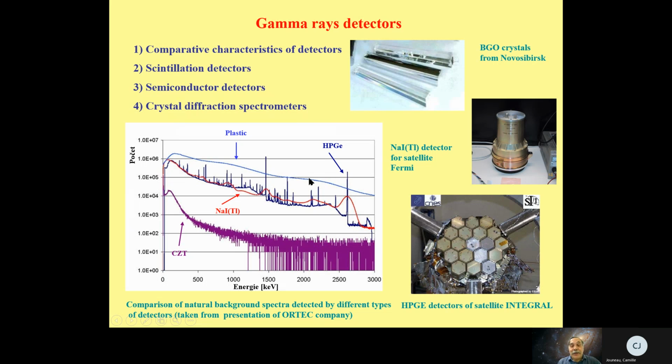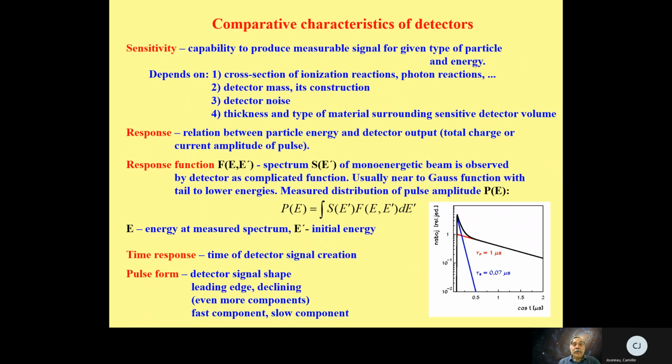On plastic you will see nothing, but this is much worse than the resolution of a semiconductor detector. This is an example of a spectrum from a high purity germanium detector, which has excellent resolution for gamma detection and for energy.